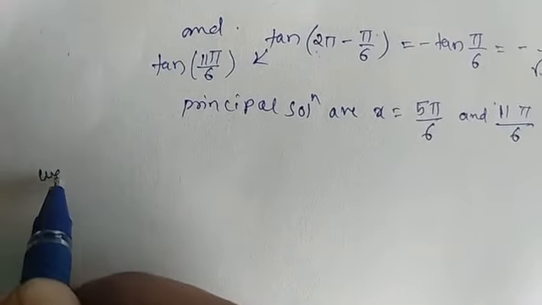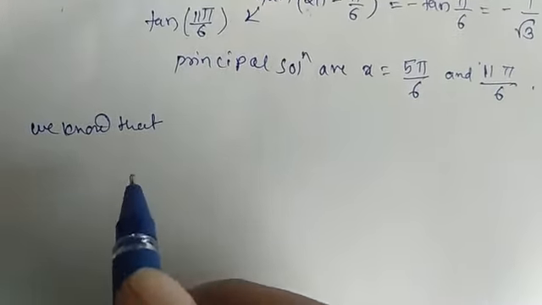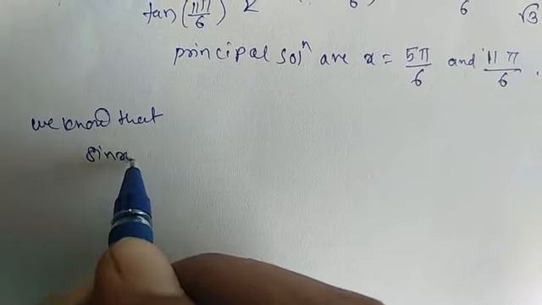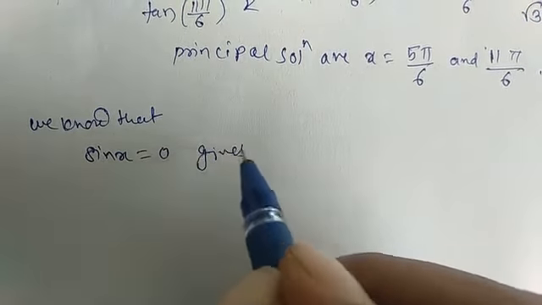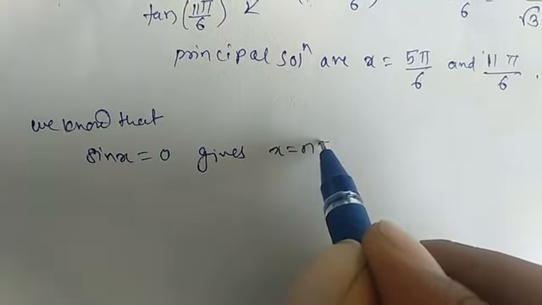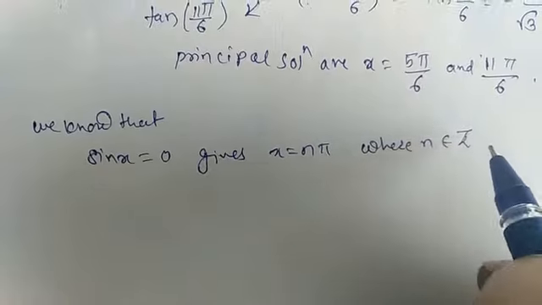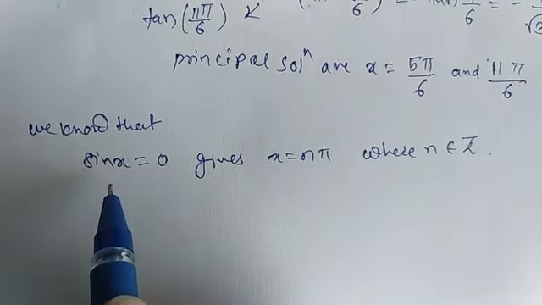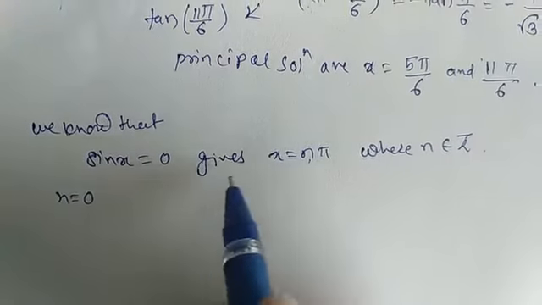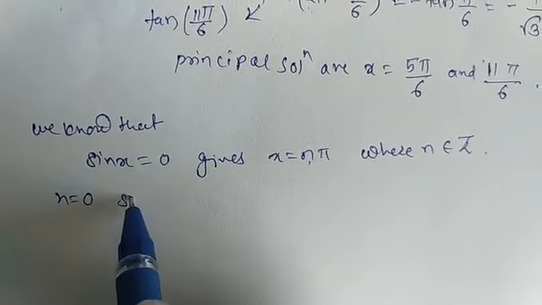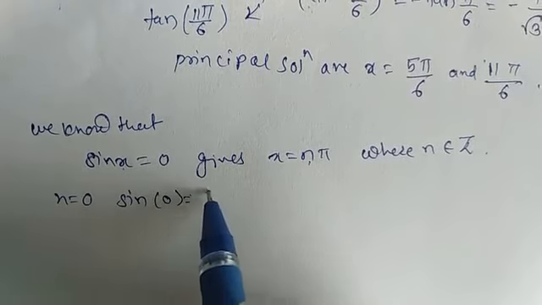Now we know that sin x is equal to 0 gives x is equal to n pi, where n belongs to z. Which means that if you start from n is equal to 0, for n is equal to 0 it will be sin of x is sin 0, which is equal to 0.